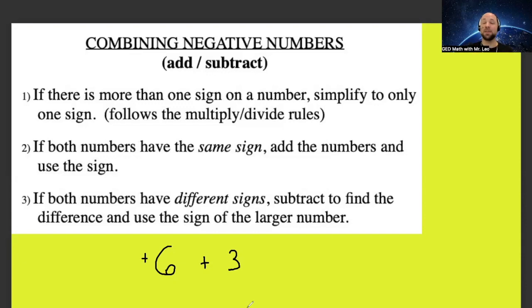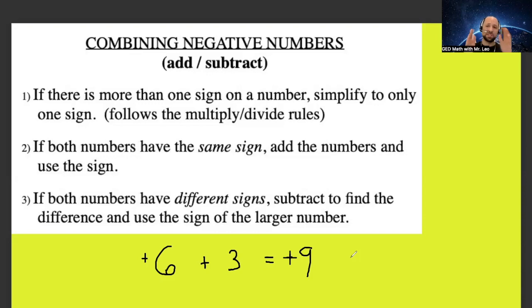They have the same sign. They're both positive. Put a positive with another positive. Let's follow the rules. If both numbers have the same sign, add the numbers and use the sign. So you're going to add these up and use the sign. This final answer would be 9. You're often not going to see the plus sign written there, but it's always there. It's invisible. Numbers are positive by default.